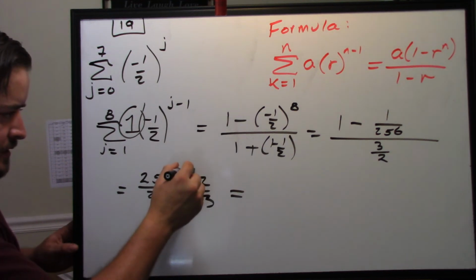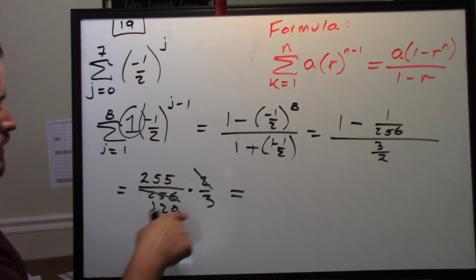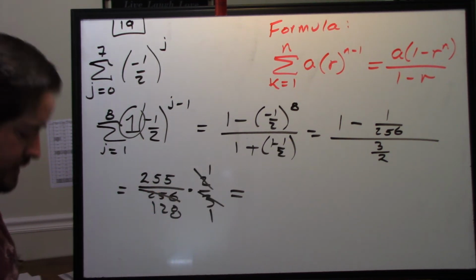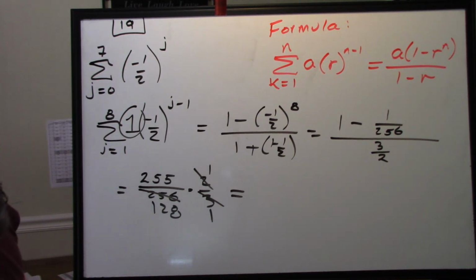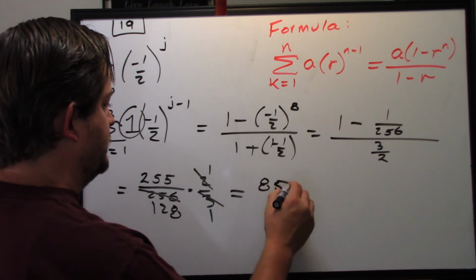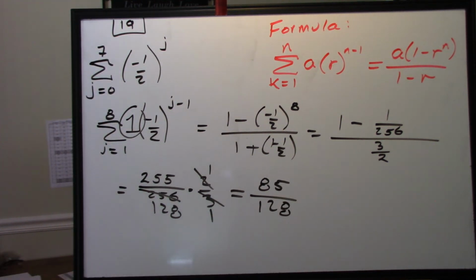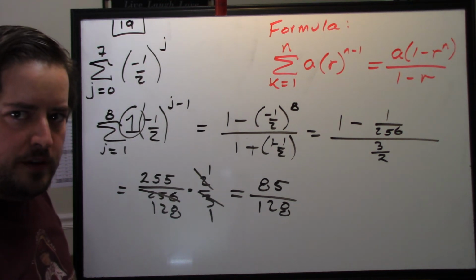I can simplify the 2 and the 256, gives me 128. 255 is divisible by 3, so that gives me a 1 there, and that gives me an 85. And therefore I have 85 over 128. Can't simplify that anymore, so that's my final solution.